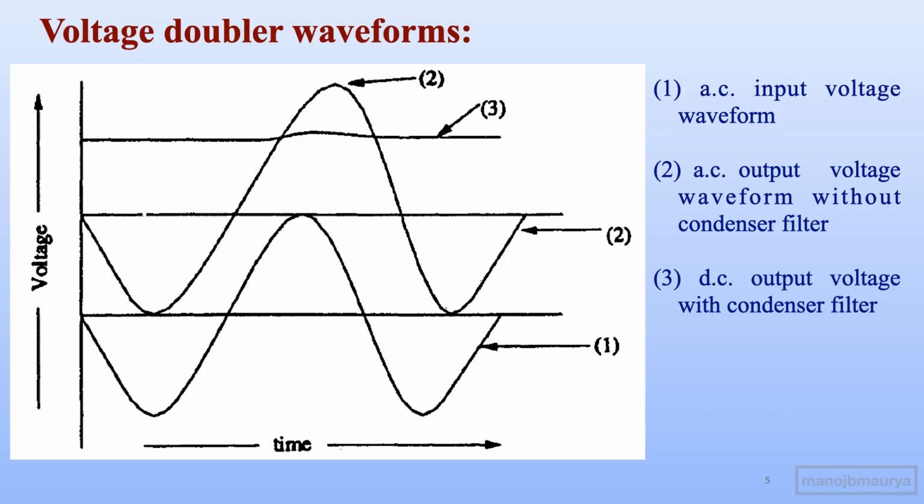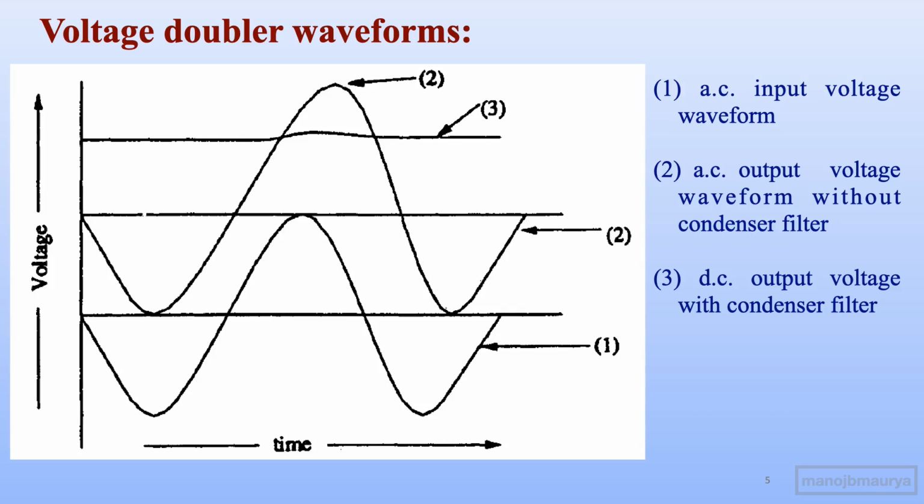Then waveform 2 is the AC output voltage waveform without a condenser filter, or in the absence of capacitor C2. The voltage waveform will be an alternating voltage, but it is shifted with respect to the time axis. And waveform number 3 is the DC voltage waveform with the condenser filter.